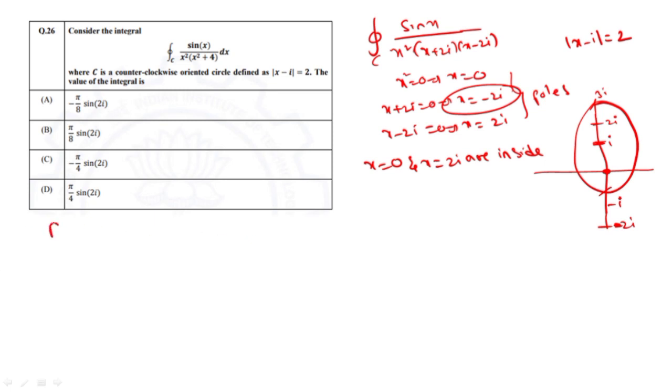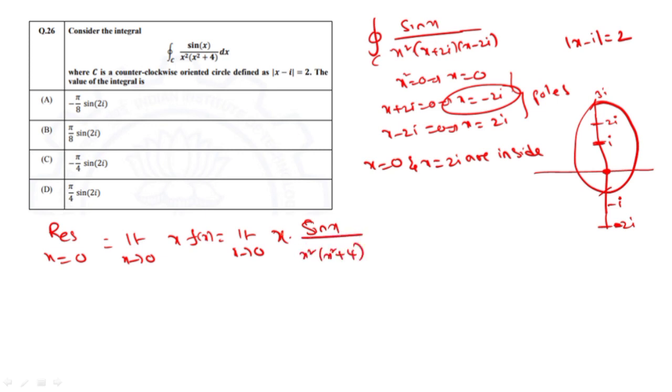So residue at x equal to 0 is nothing but limit x tends to 0 of x into f of x. Limit x tends to 0 of x into sin x by x square into x square plus 4. So x gets cancelled, but when we substitute 0, we will get 0 by 0 undetermined form.